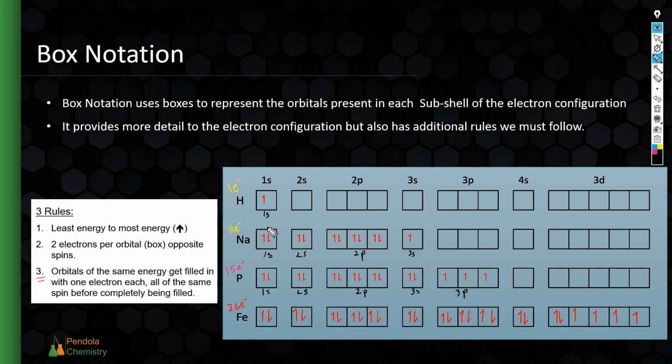And if I went to iron, I would do 1s, 2s, 2p, 3s, 3p, 4s, 3d. So they're just showing you multiple at a time, but normally we will write those sublevels below the boxes, the orbitals that they belong to.